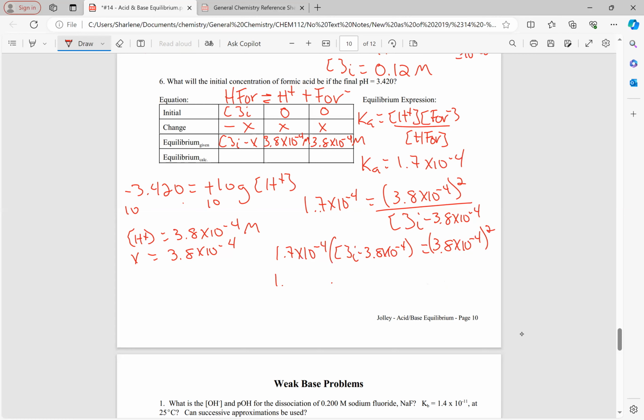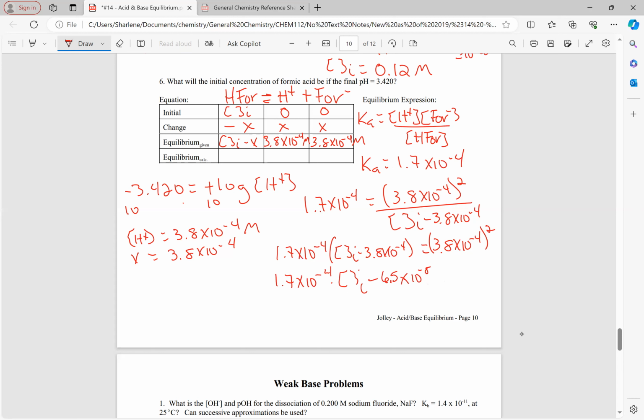So I have 1.7 times 10 to the minus fourth initial minus 1.7 to the negative fourth times 3.8 to the negative fourth, which is 6.5 times 10 to the minus eighth.